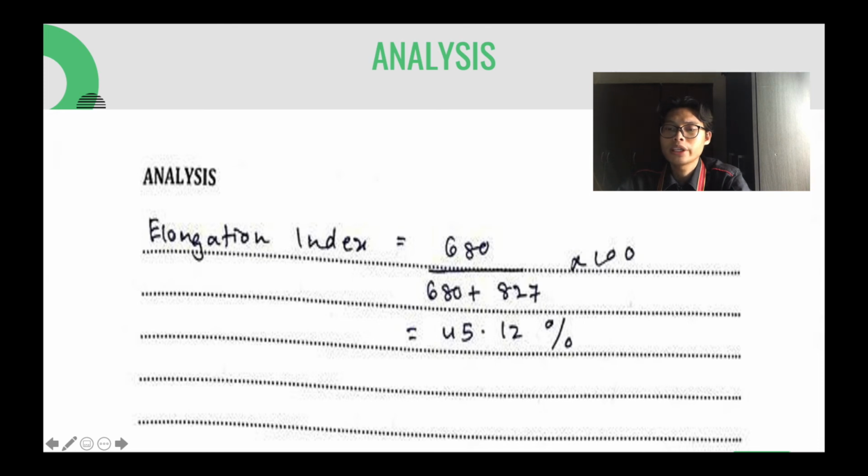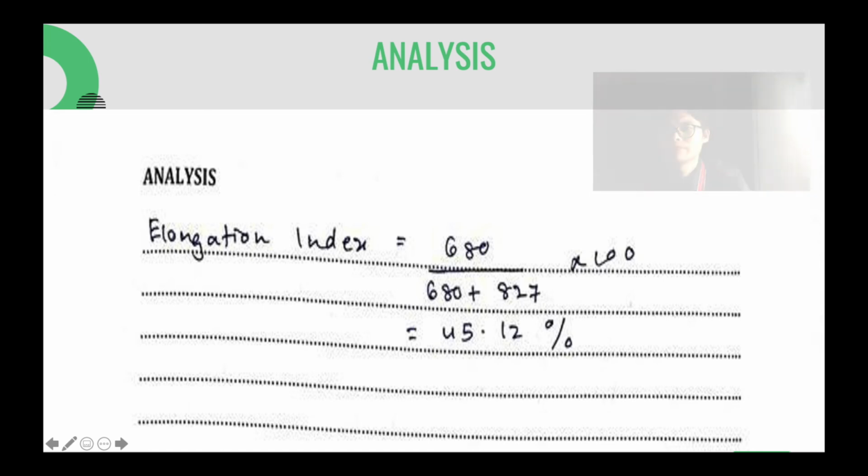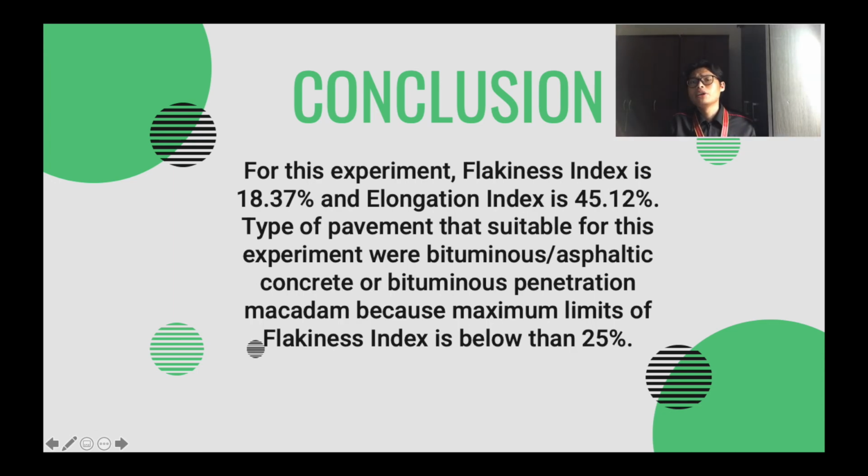Total M2 is 680 over 680 plus total M3 827 times 100, and we will get 45.12%. So elongation index is 45%. For this experiment, flakiness index is 18% and elongation index is 45%.